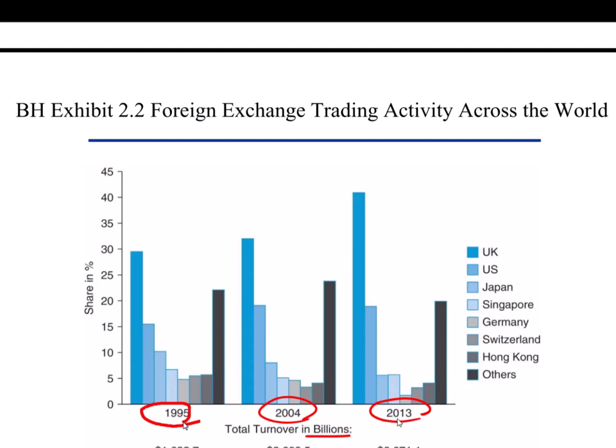As you can see, in 2013 the UK, London, has a 40% share in FX trading. And then the US is next, 20%. The most important city in the US is New York. So London in the UK, New York in the US, and Tokyo and Singapore, etc.